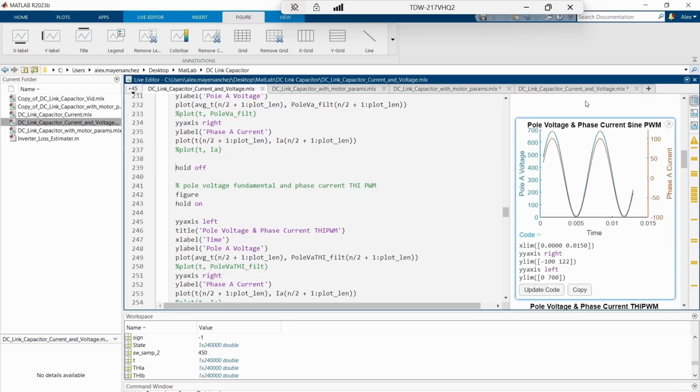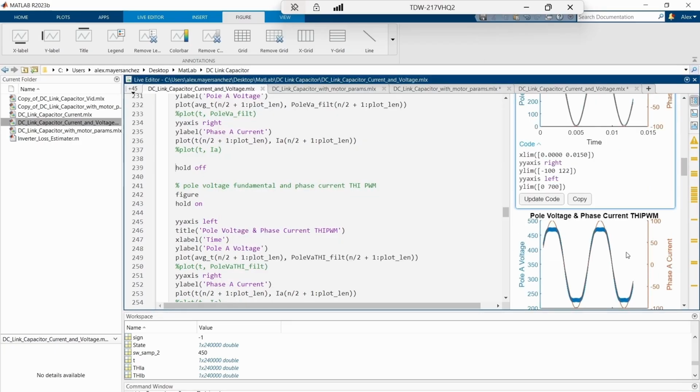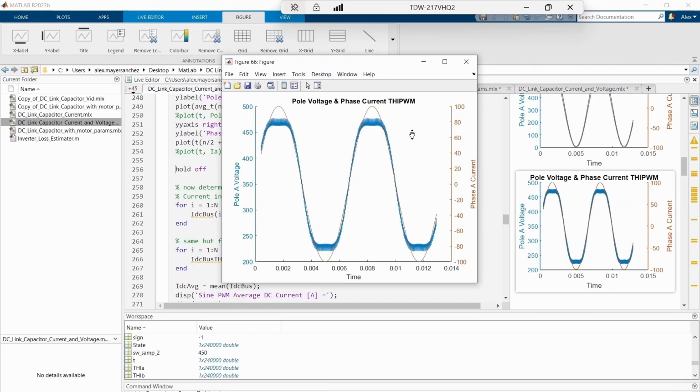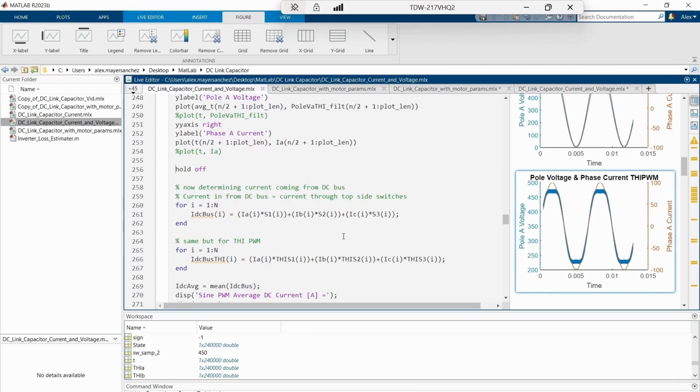And then for third harmonic injection, it didn't really filter out the switching frequency enough, but that's okay. You can see, it just proves to you it has this third harmonic in it, and it's in phase because the power factor is 1.